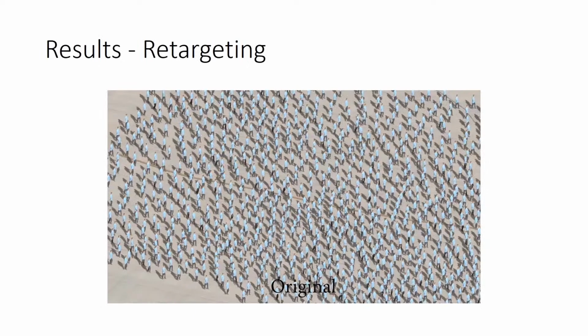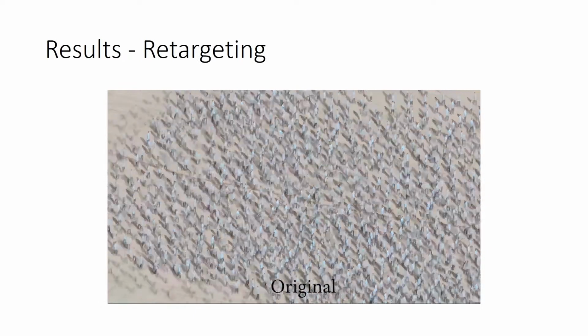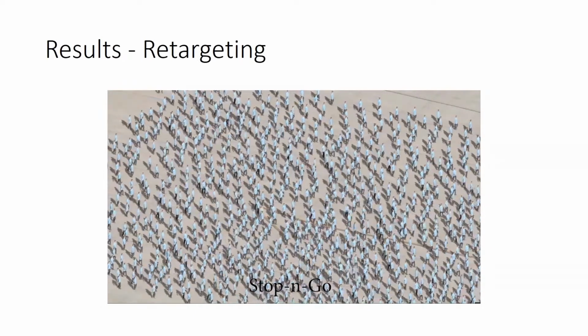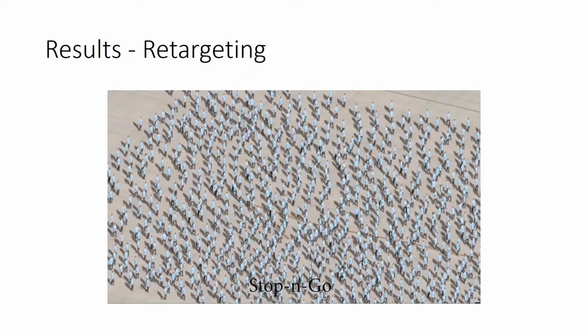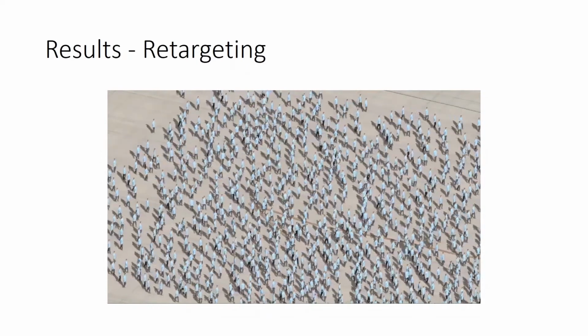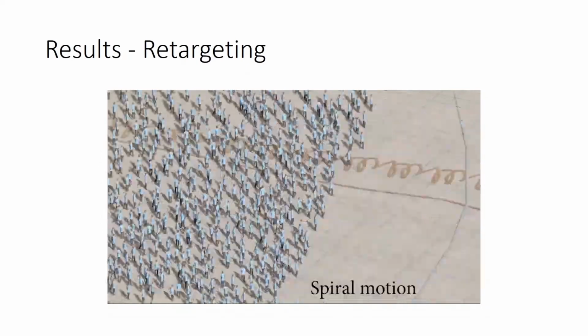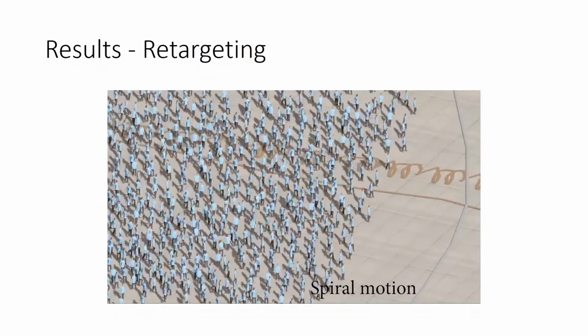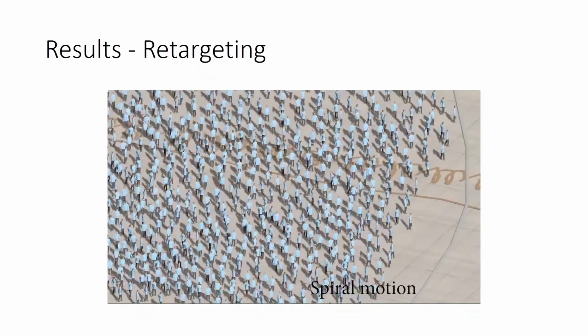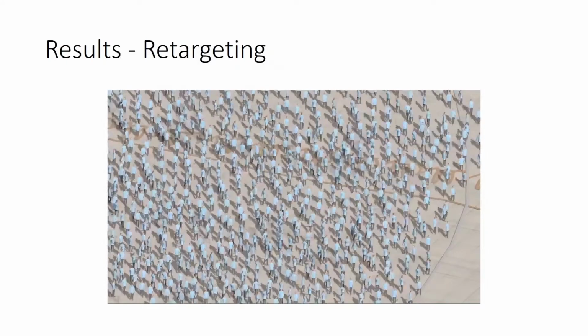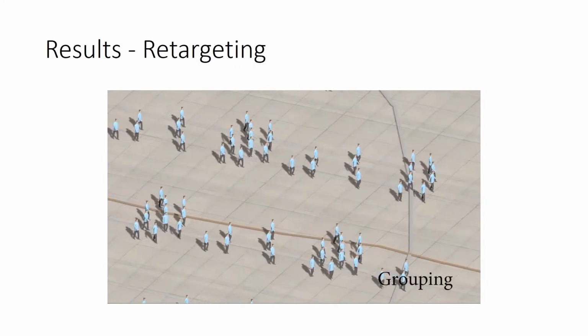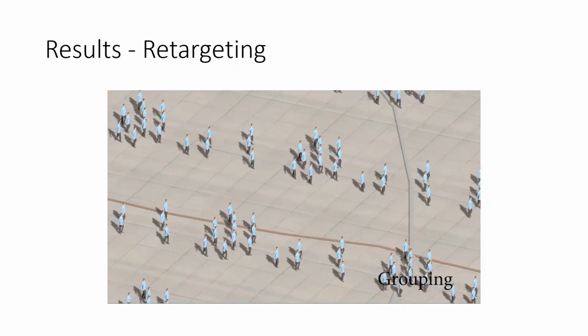Now let us look at some interesting results. Here we retarget this with a stop-and-go motion from the PDDA database. Here we retarget it with a synthetic spiral motion. Here we retarget it with a new grouping.